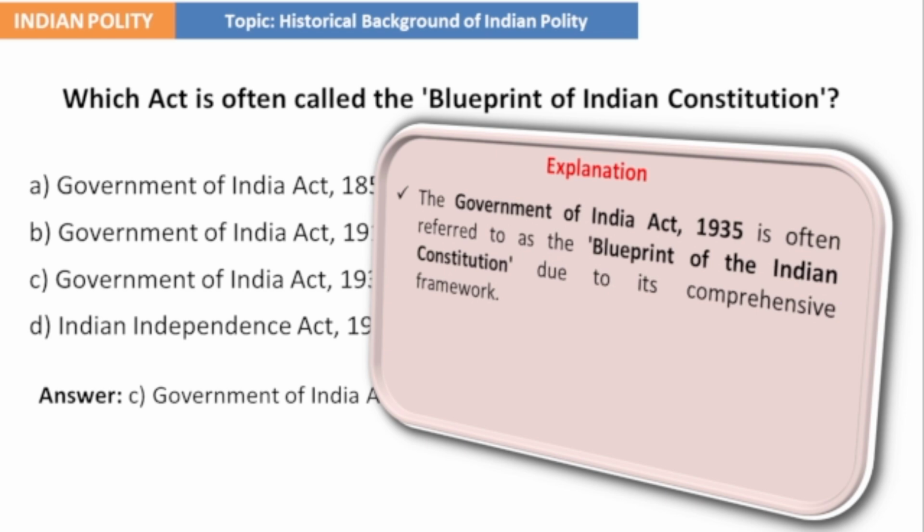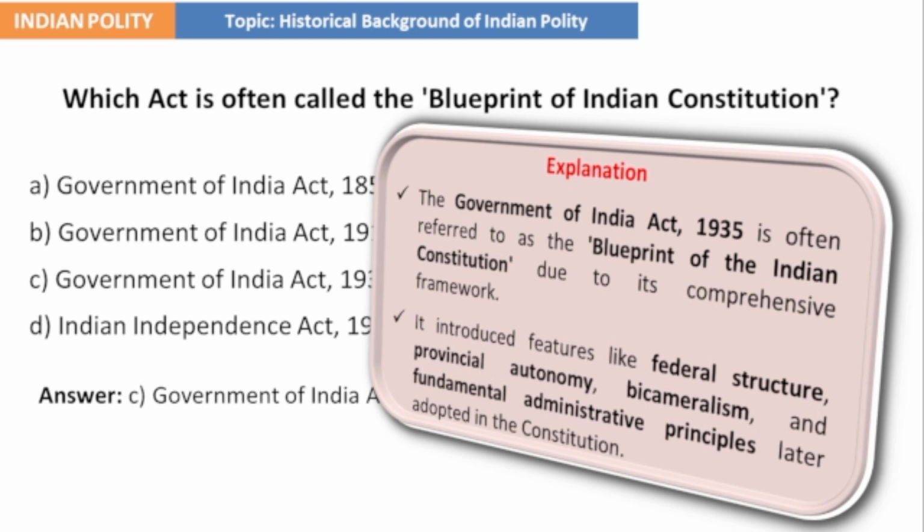The Government of India Act 1935 is often referred to as the blueprint of the Indian Constitution due to its comprehensive framework. It introduced features like federal structure, provincial autonomy, bicameralism, and fundamental administrative principles.